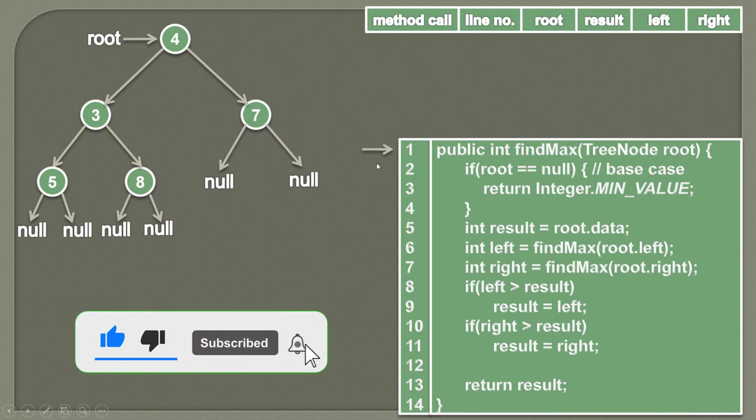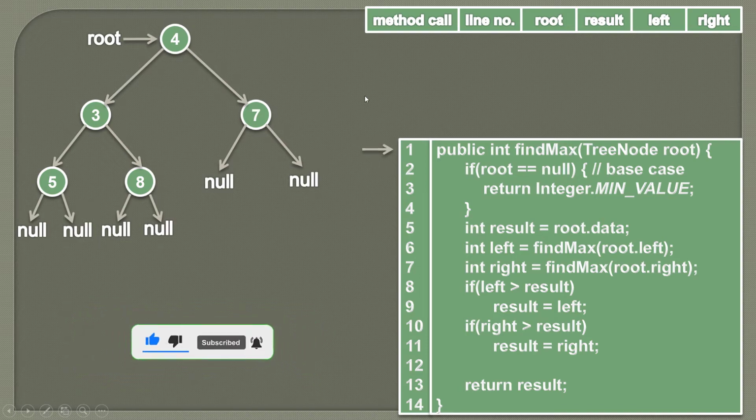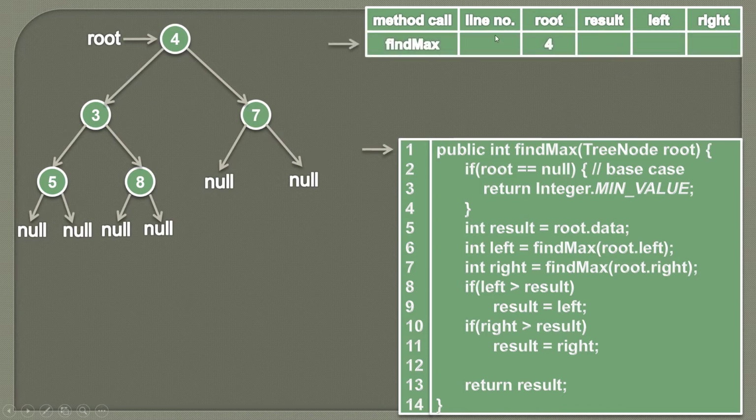So at the first step, we are calling the findMax method and we are passing in the root of the binary tree whose maximum value we need to calculate. So on the call stack, you will find one findMax method whose root is pointing to a node having value 4.